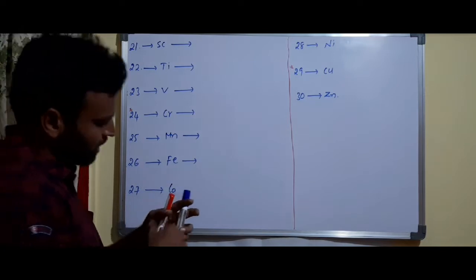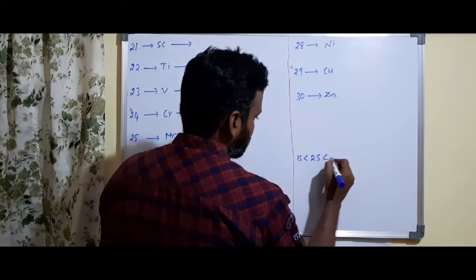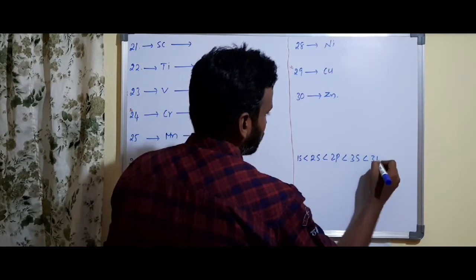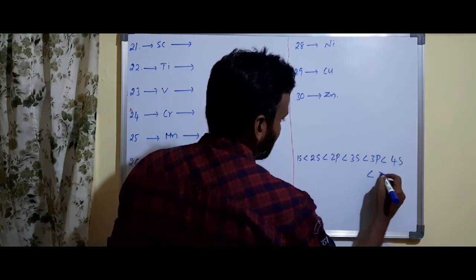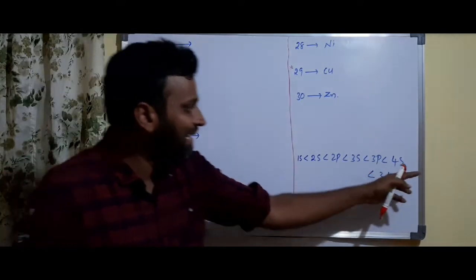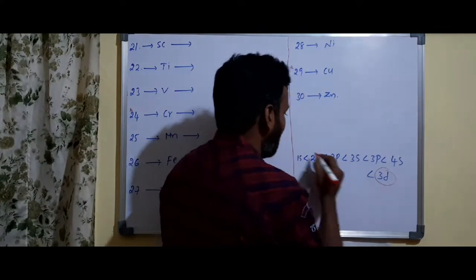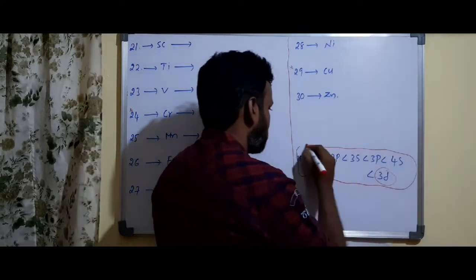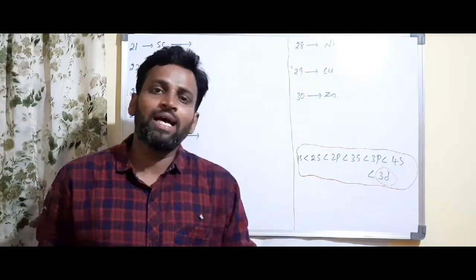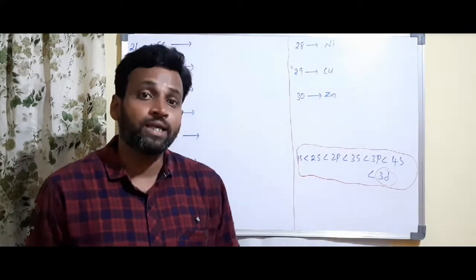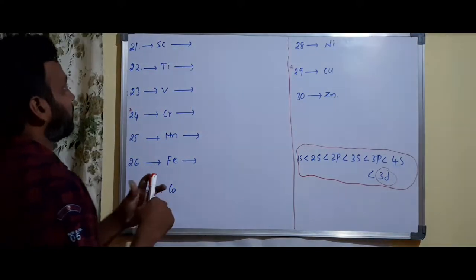Okay, next scandium. To see the same story, better to remember, better to write: 1s is less energetic than 2s, then 2p, next 3s, next 3p, next 4s, and then 3d. So till here we filled electrons, starting from 1s. Now the electron we have to fill in 3d. This is the most important thing for us. So I am repeating. S will have a maximum of how many electrons? 2. P 6. D 10. What is the change? 4. That's very important.